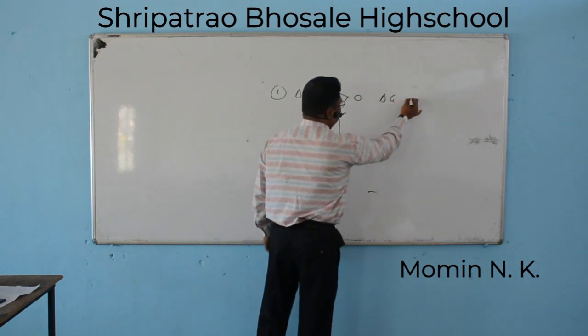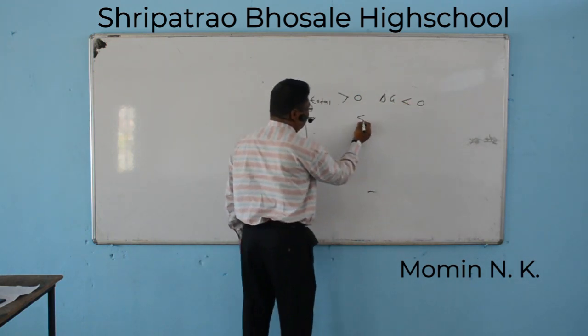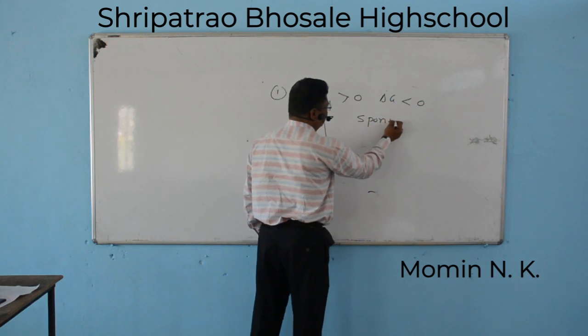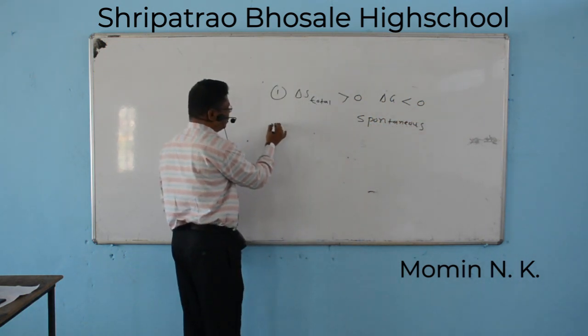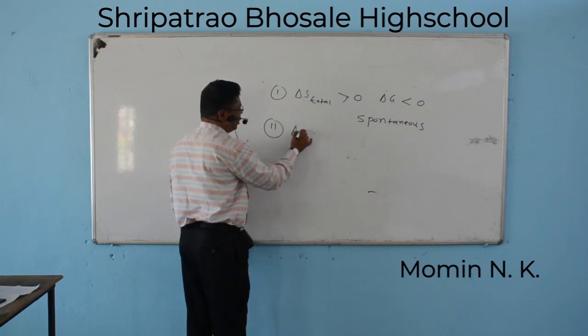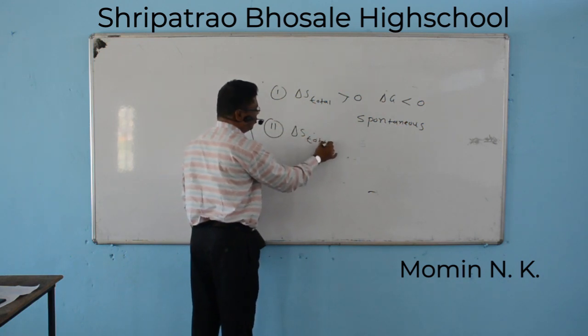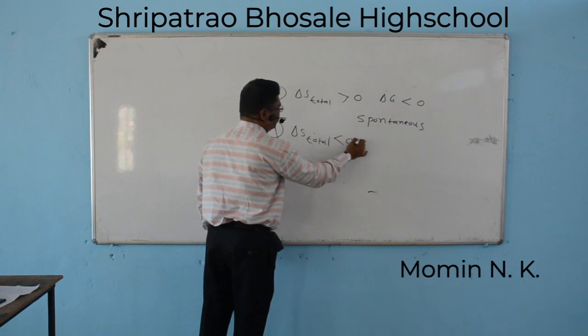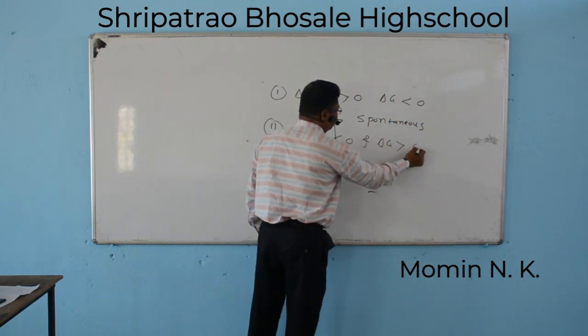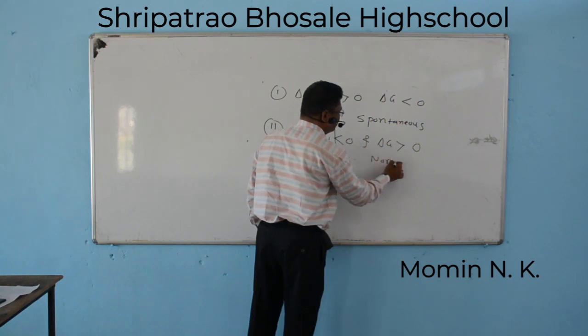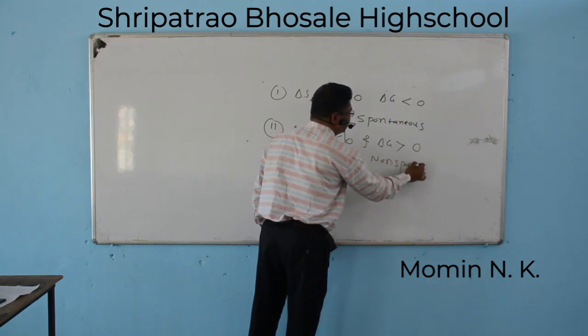Second point: delta S total less than 0 and delta G greater than 0 for a process to be non-spontaneous.